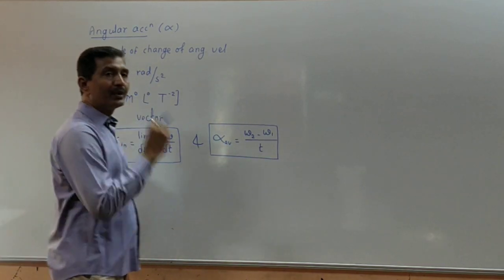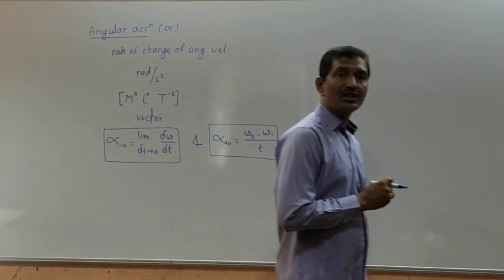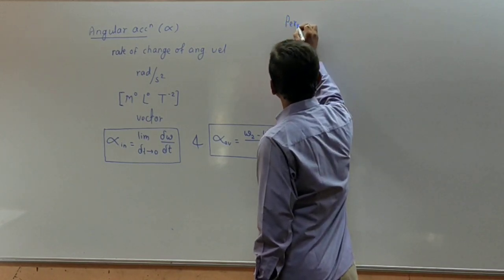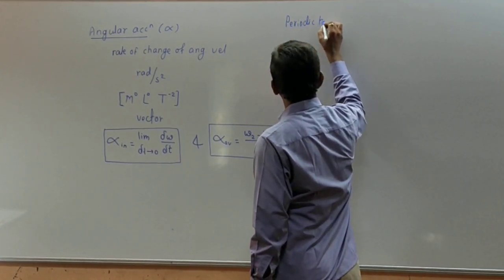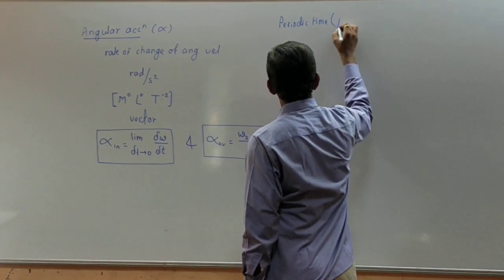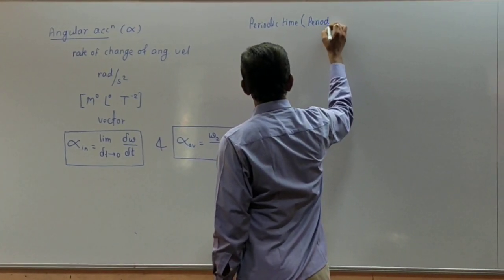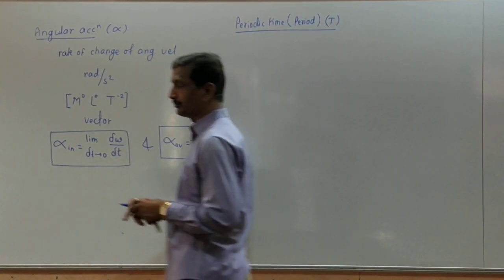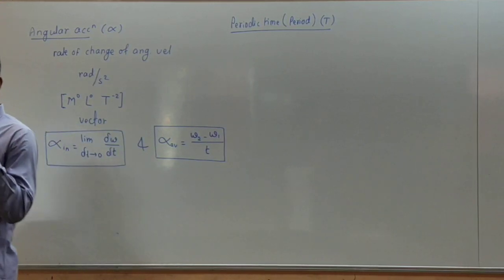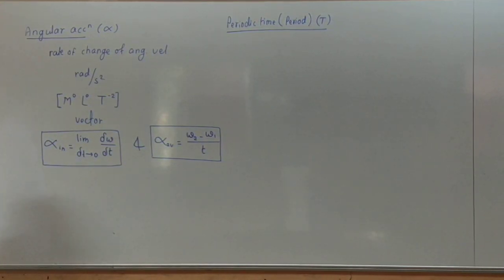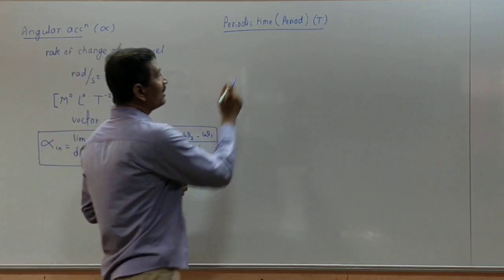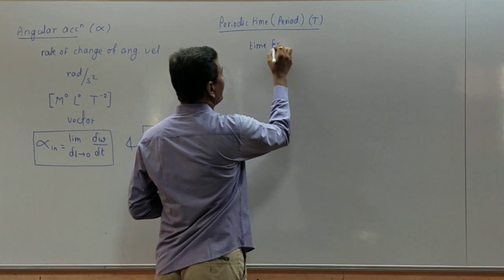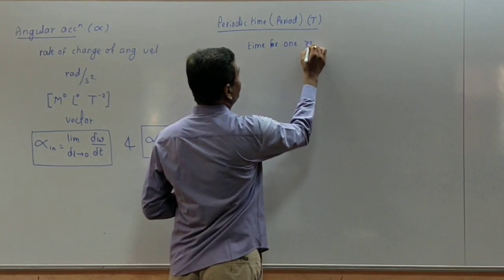Now we consider simple formulae related to the circular motion. Periodic time of circular motion means what? Periodic time is simply known as the period, denoted by the symbol capital T. Time taken by the particle to complete one revolution is called the periodic time.